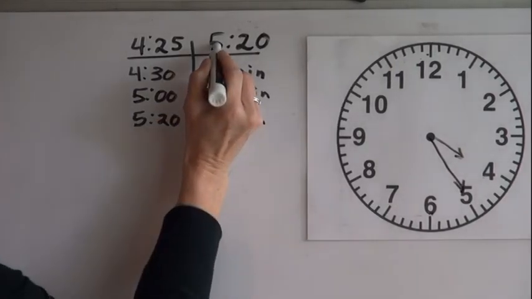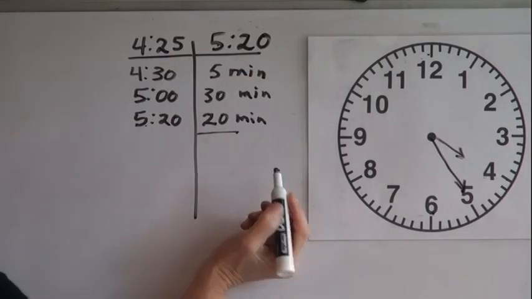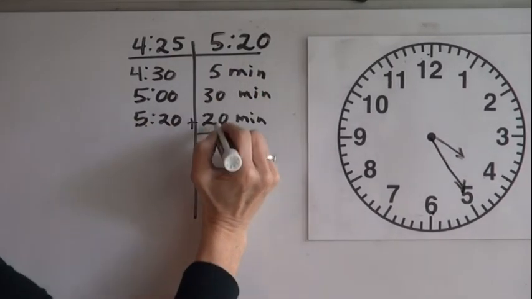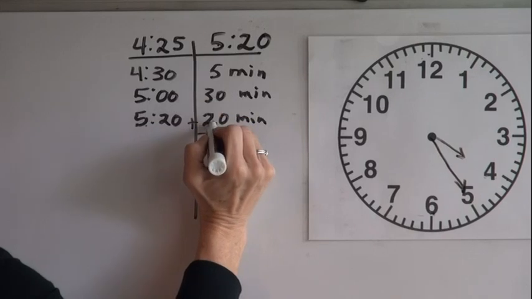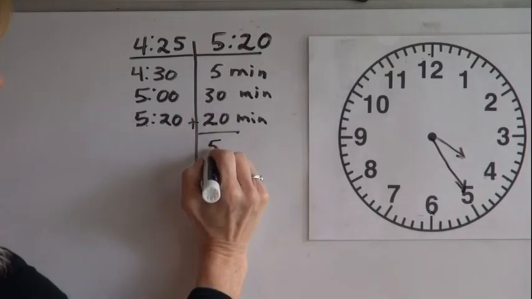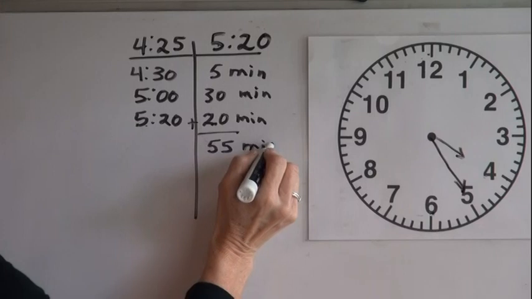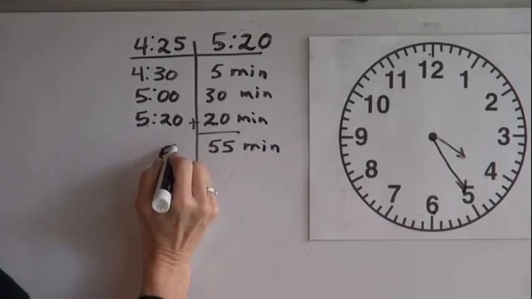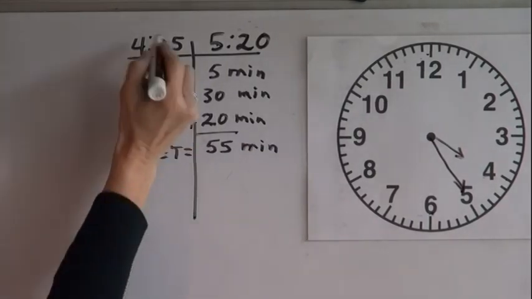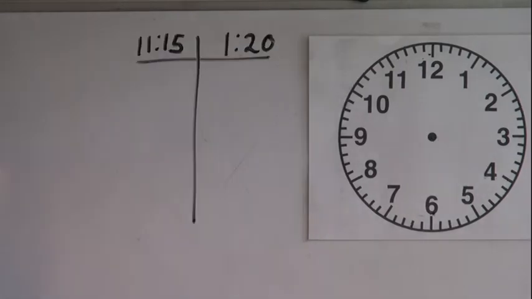So we have made it to our end time, so now we just add up our elapsed time over here. 30 plus 20 is 50, plus 5, 55 minutes is the elapsed time for this problem.